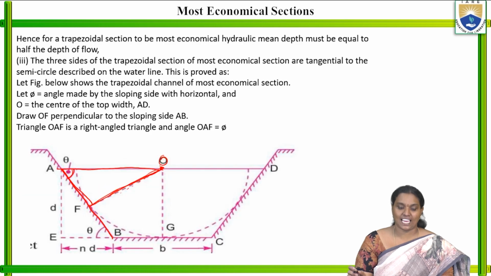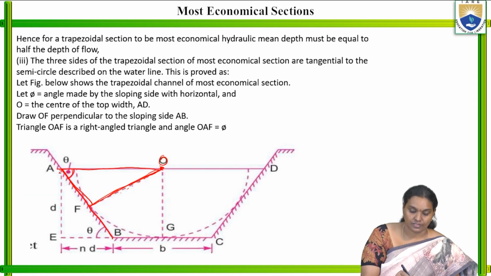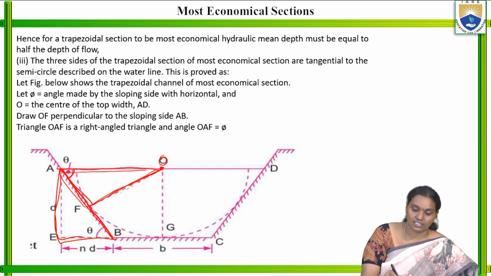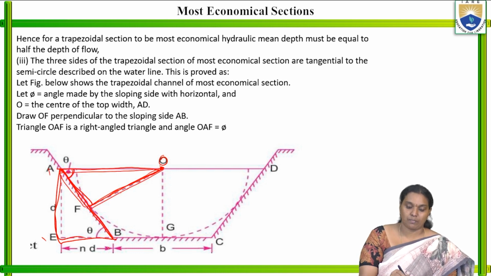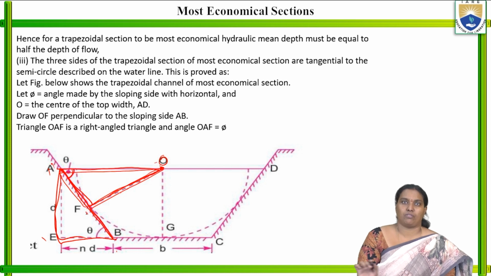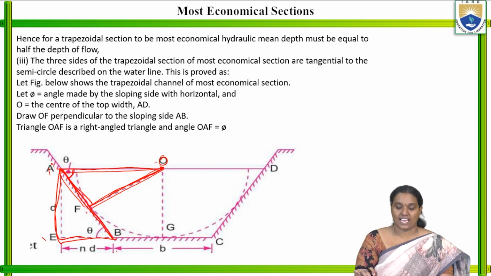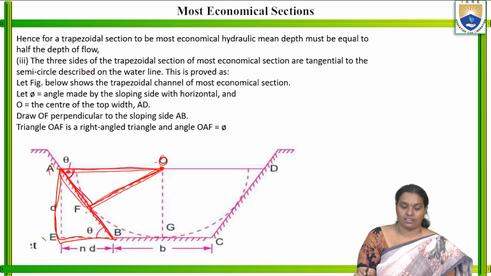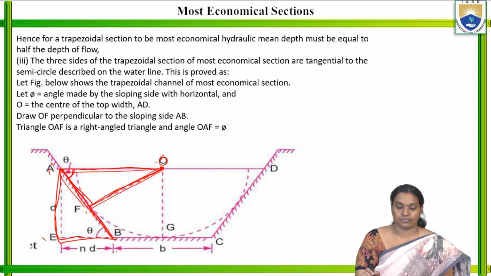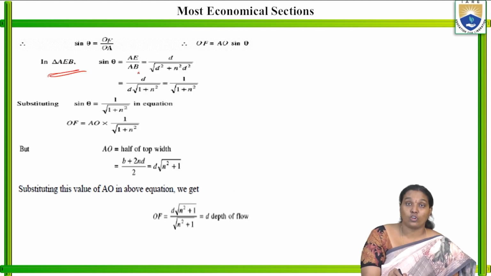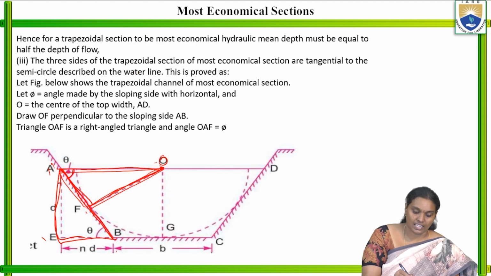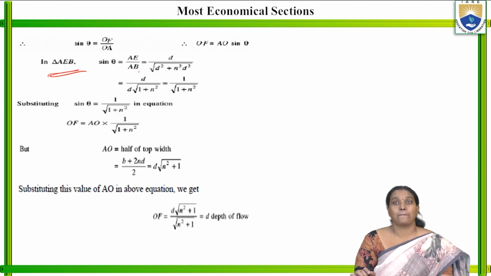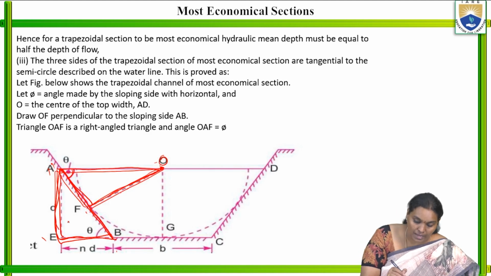Now this is another triangle, AEB. AEB and OAF are the two triangles. So coming to the triangle AEB, sin theta is equal to AE by AB.